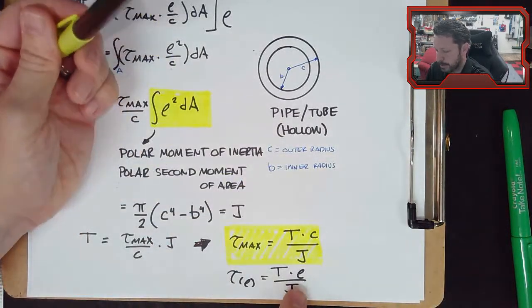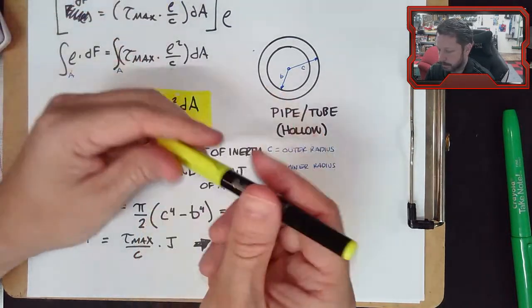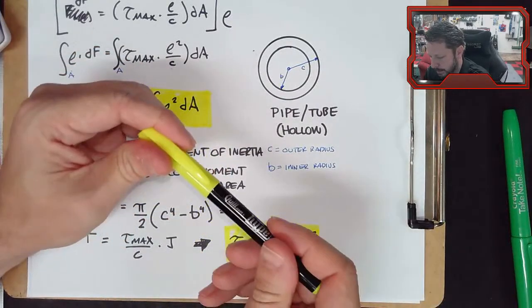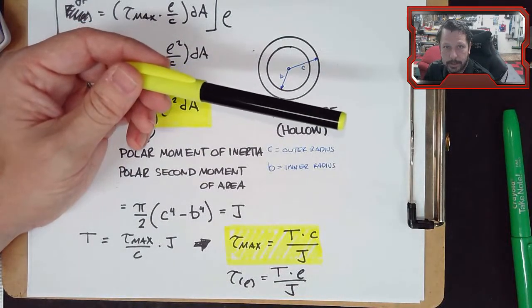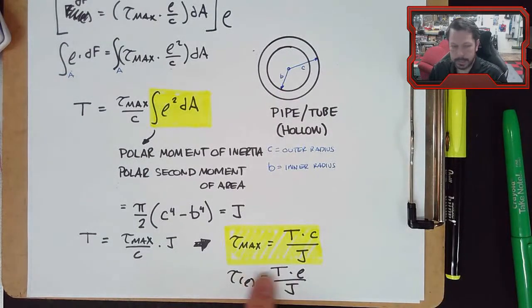In that case, you'd use this one where rho is b, the inner radius of the cap. Because maybe you've glued these things together and you're twisting and you want to make sure that there's not so much shear stress on that glue that it breaks the glue. That might be a reason to use this equation. Most of the time you're going to use this equation.